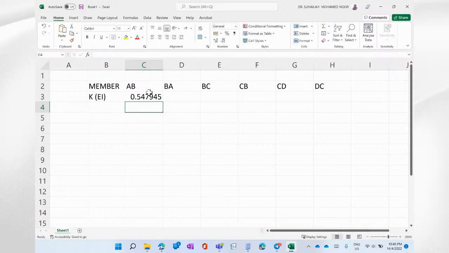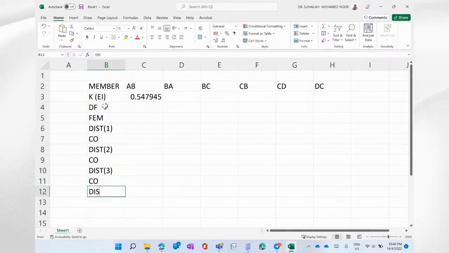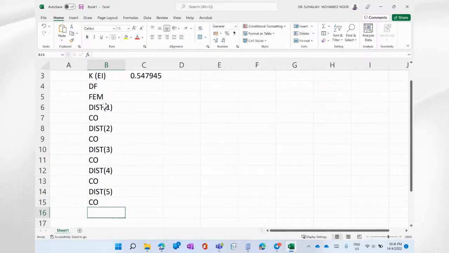Before I start, I actually want to do this first: distribution factor, fixed end moment, and then distribution number 1, carry over, distribution number 2, carry over, distribution number 3, carry over, distribution number 4, carry over, distribution number 5, carry over, distribution number 6.